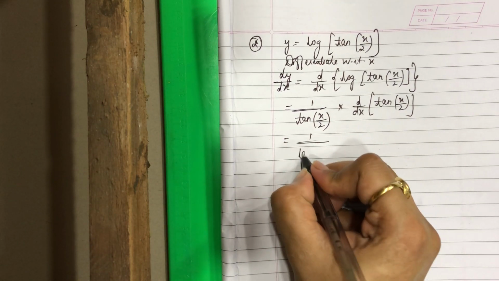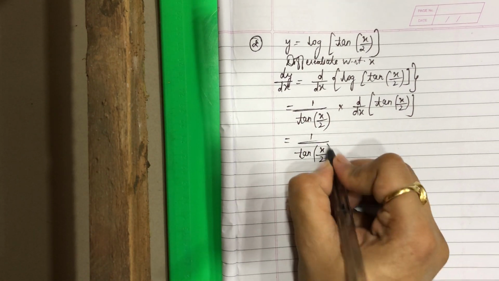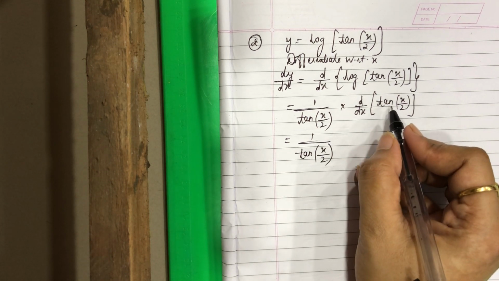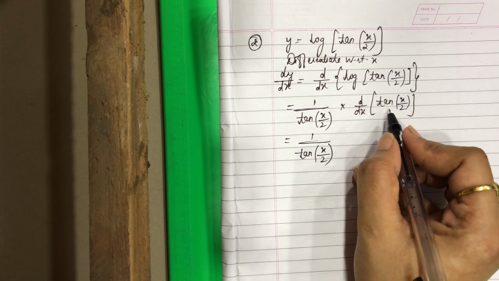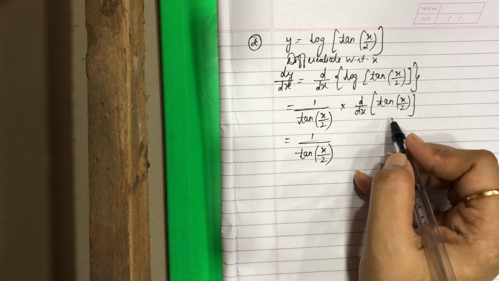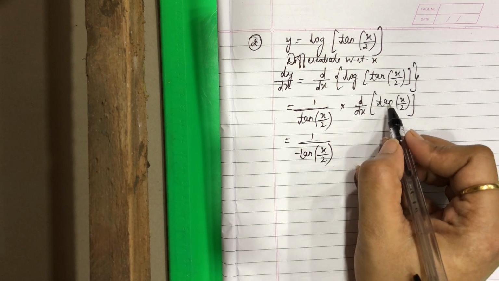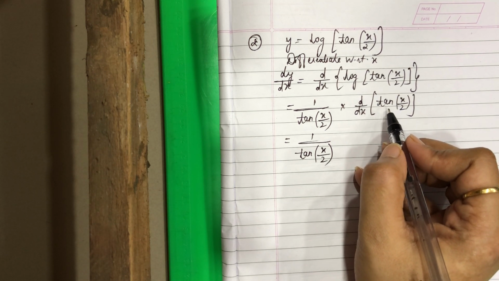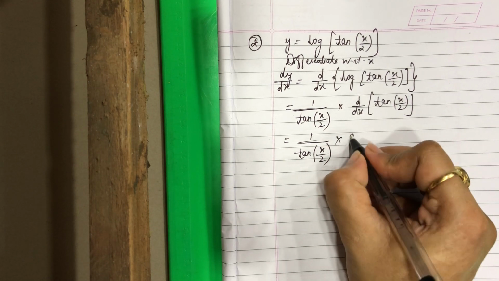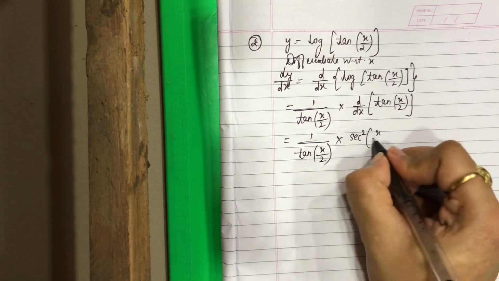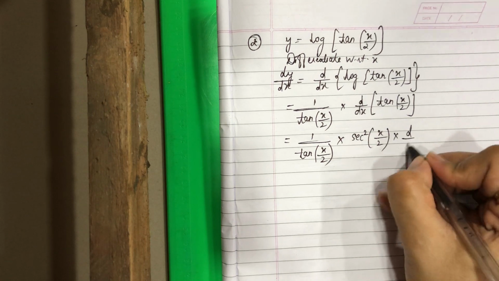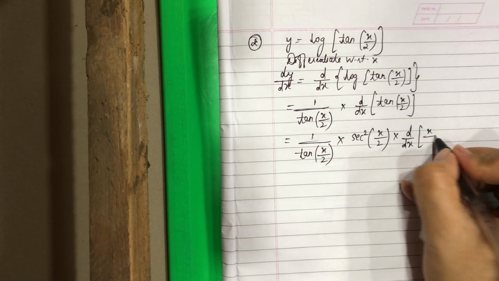The differentiation of tan is sec square. This is a composite function, applying the chain rule. First you need to differentiate the term tan. So tan gives you sec square x by 2 into d by dx of x by 2.